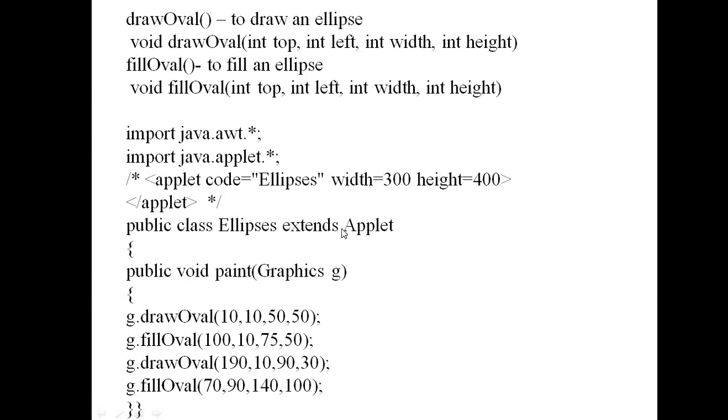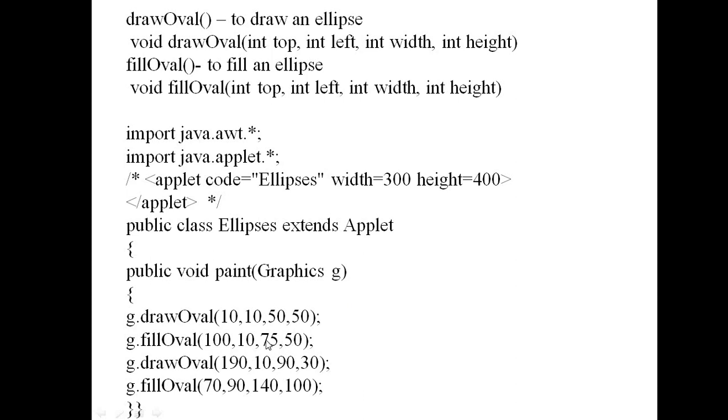Ellipses is the name of the applet Java program. So drawOval 10 10 50 50, fillOval 100 10 75 50, again drawOval 190 10 90 30, fillOval. So here 10 10, that is a coordinate, and width and height is specified as 50 50.